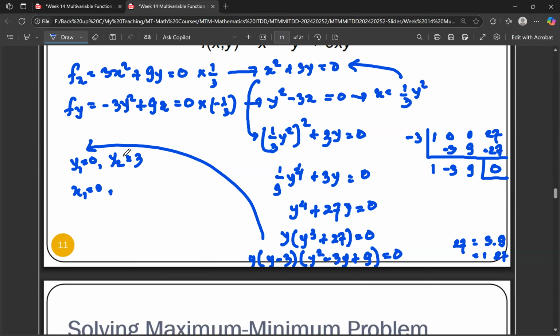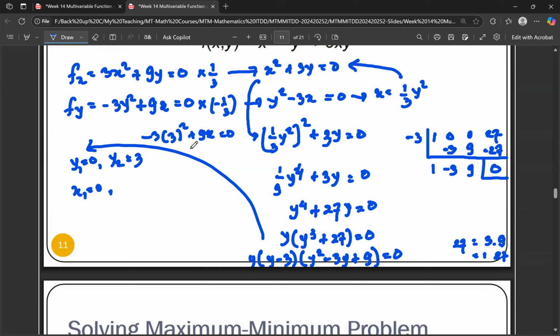Then by using y2 is 3, we substitute into the second: minus 3 times 3 squared plus 9x will be 0.